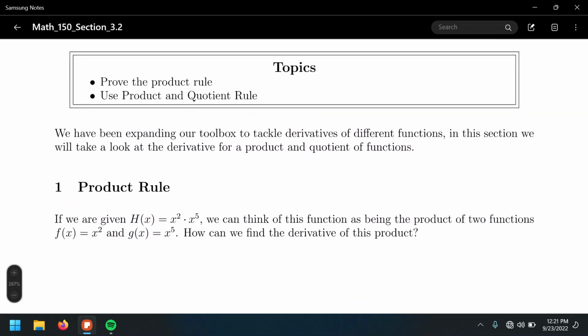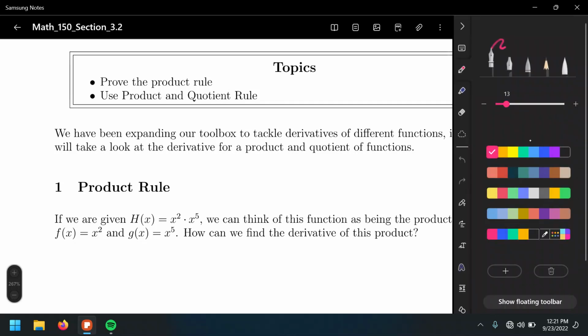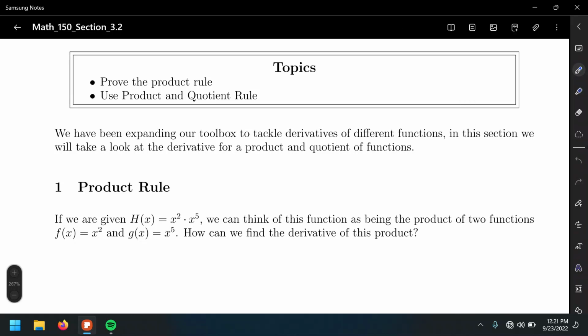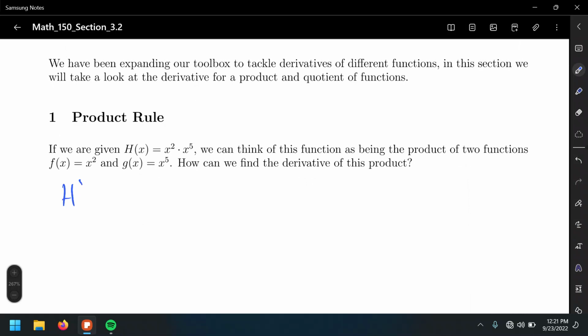So what if we have this product of functions? Let's consider the function h of x equals x squared times x to the fifth. Well, the question is, can we just find h prime of x by differentiating x squared times the derivative of x to the fifth?